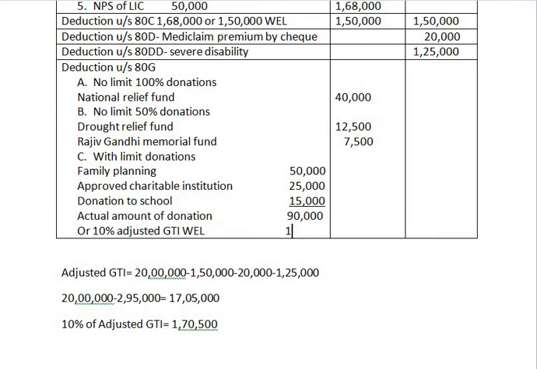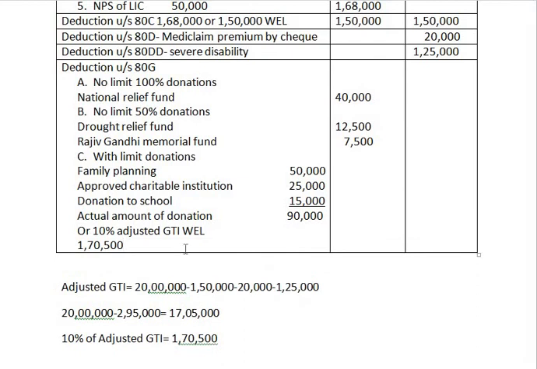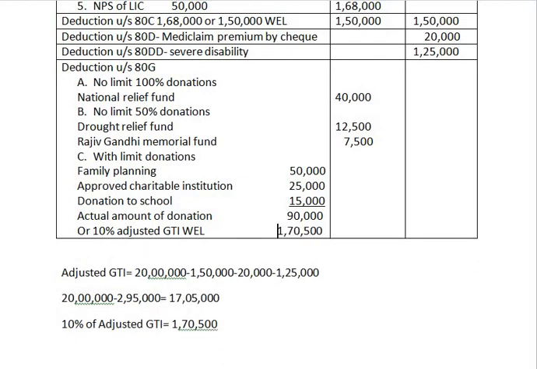So on the next line, the amount that is qualified for deduction is 90,000 rupees.